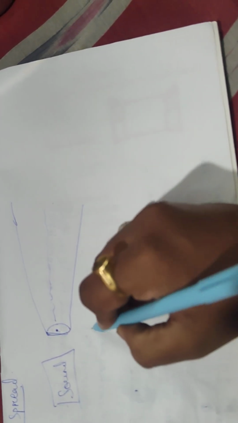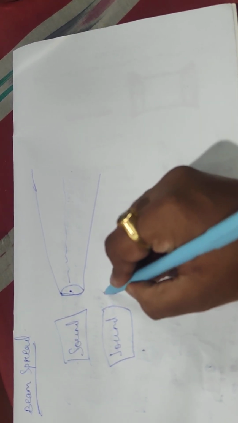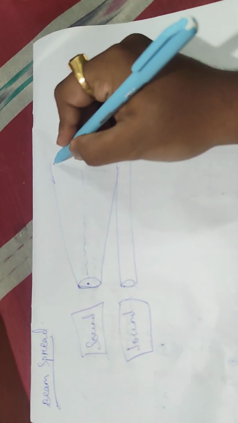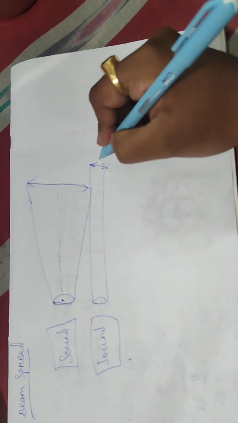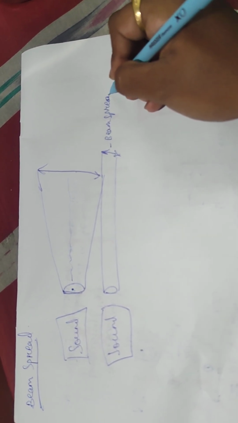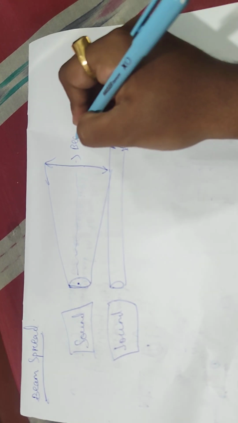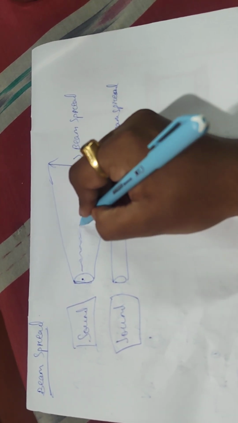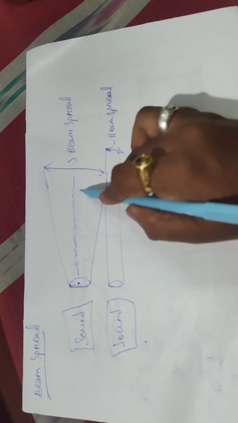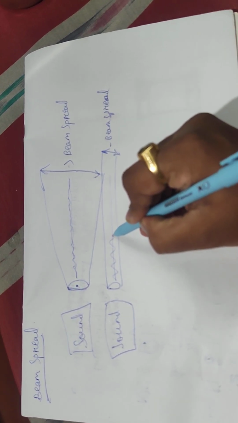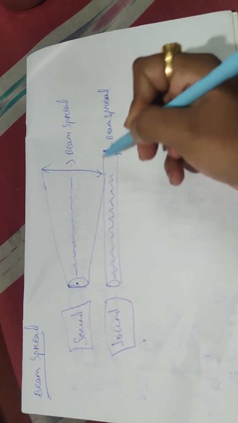If the sound has a small beam spread, then we have a clear cut value of the ultrasound.